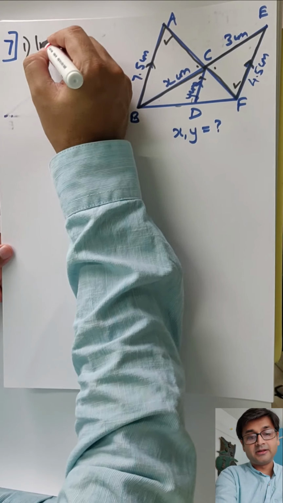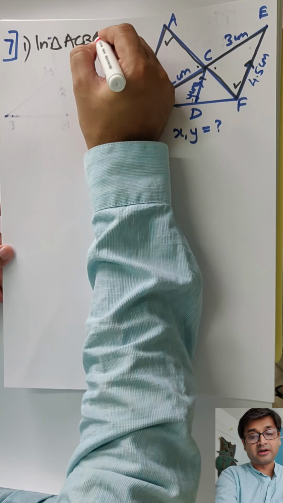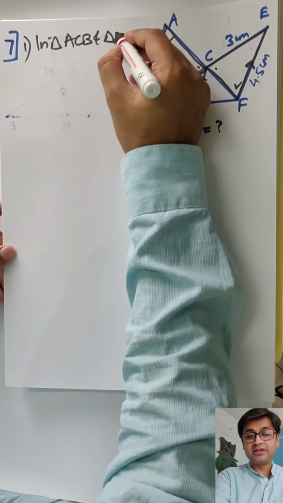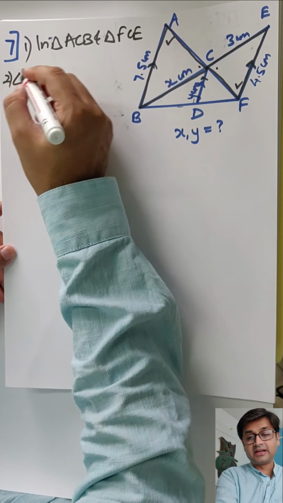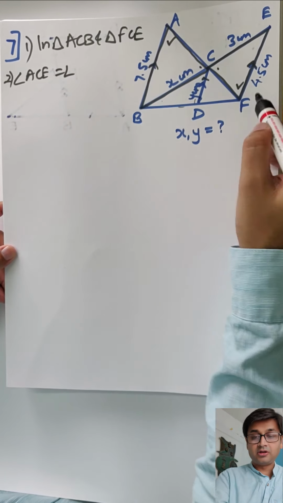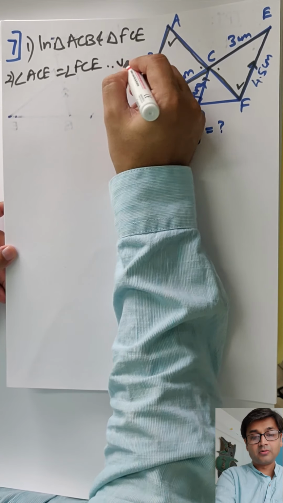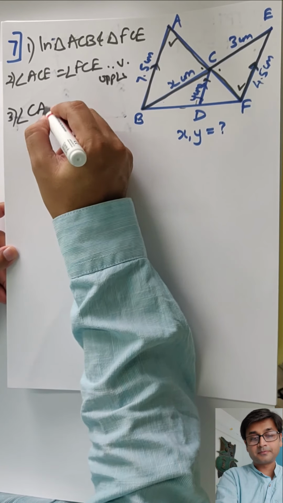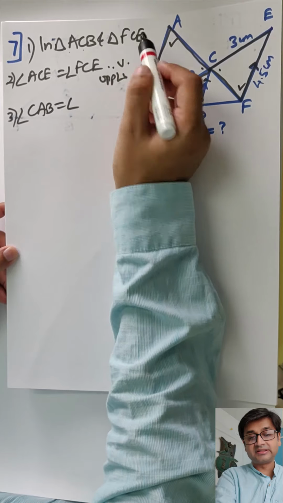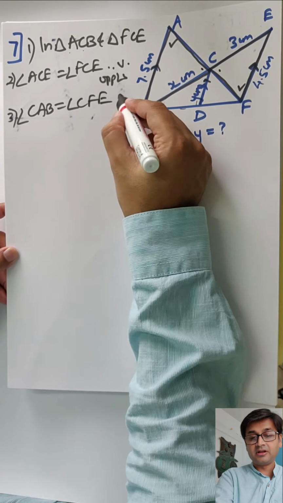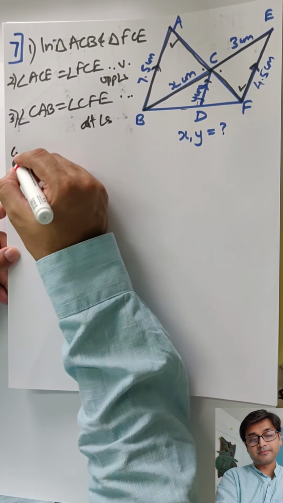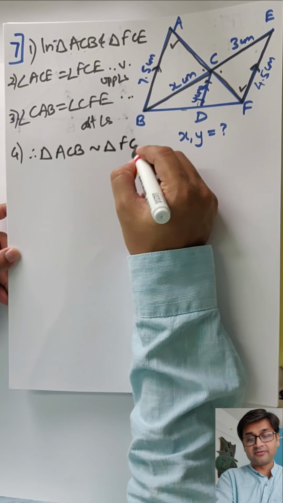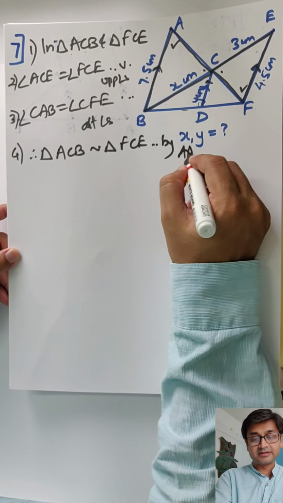So first one, in triangle ACB, correct one-to-one correspondence, ACB, so tick dot and then empty, tick dot and empty. So FCE, I will say angle ACB equals angle FCE, vertically opposite angles. Then I will say angle CAB equals angle CFE, reason will be alternate angles, and therefore triangle ACB similar to triangle FCE by AA test.